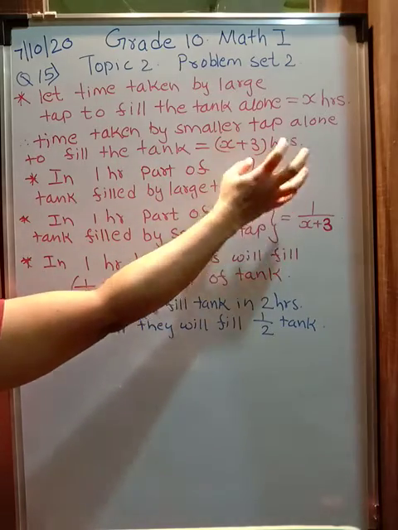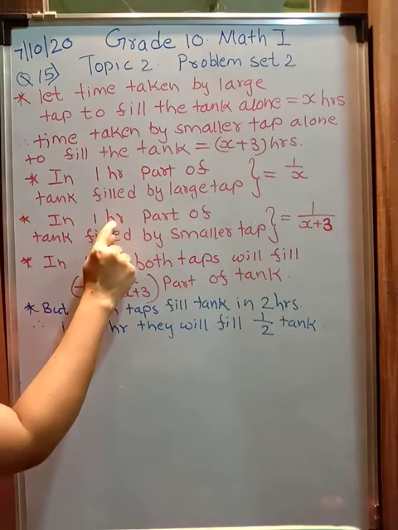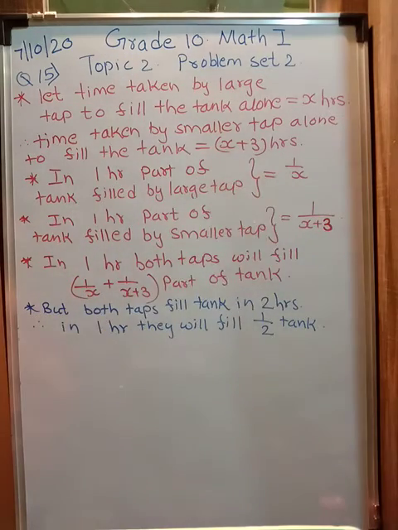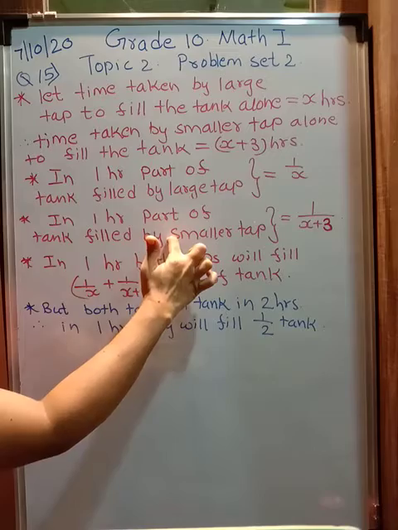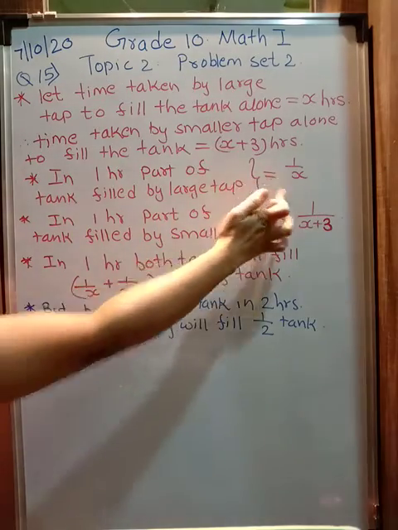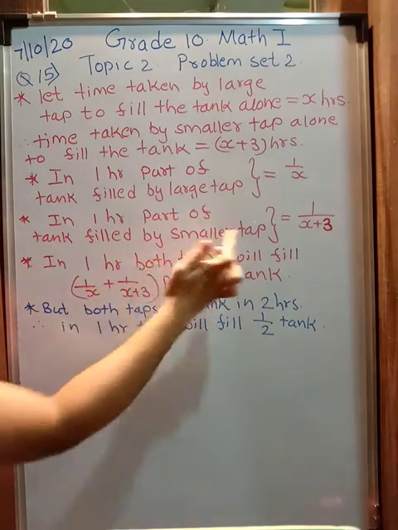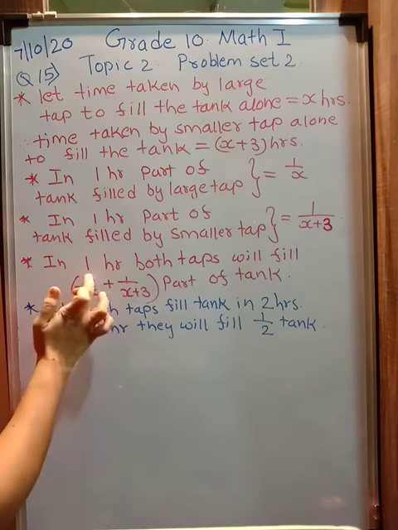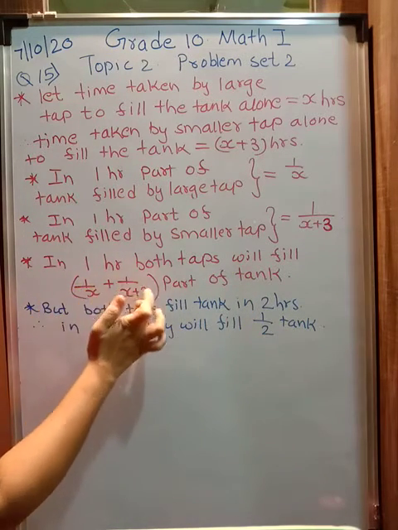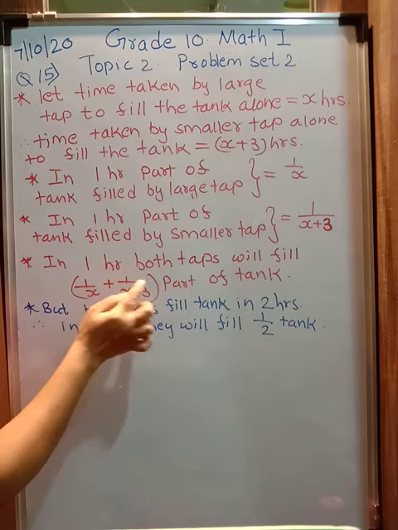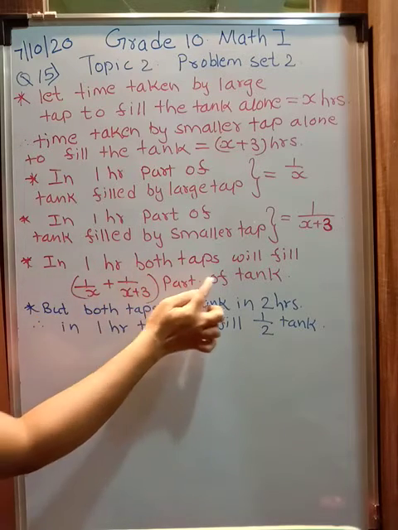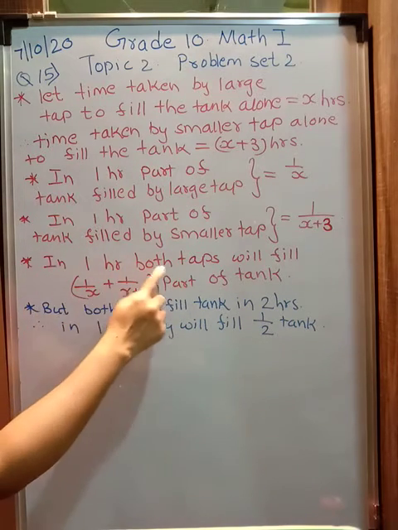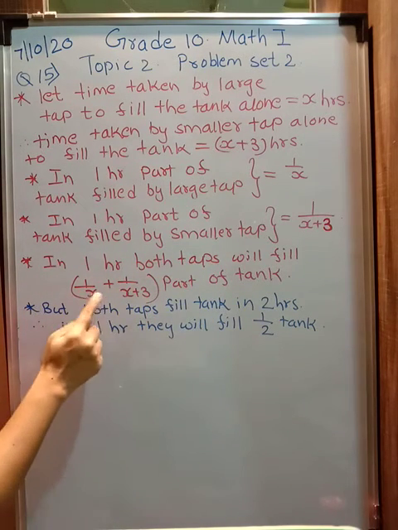In 1 hour, the smaller tap is filling 1 upon x plus 3 part of the tank. So both together in 1 hour will fill 1 upon x plus 1 upon x plus 3 part of the tank. This is by the greater tap and this is by the smaller tap. Okay, in 1 hour, both the taps will fill this much part of the tank.